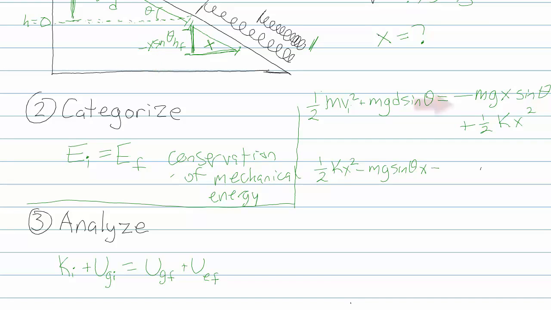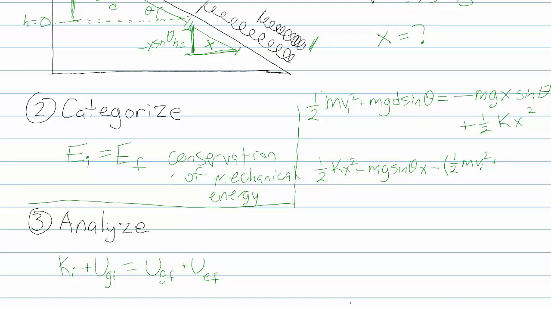So we have minus m g x sine theta, and then of course plus 1/2 k x squared on the other side of the equation. You can try all you want to solve that without using a quadratic equation, but you're probably not going to be successful.